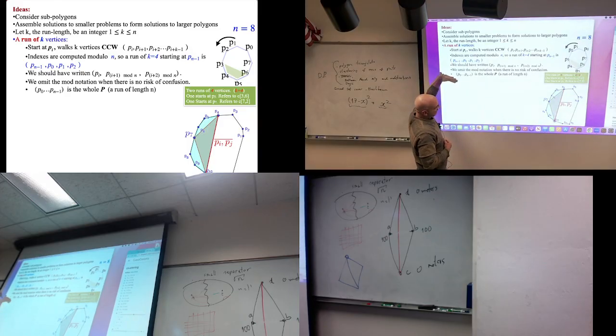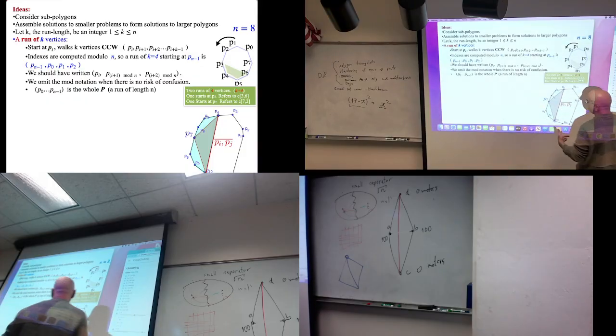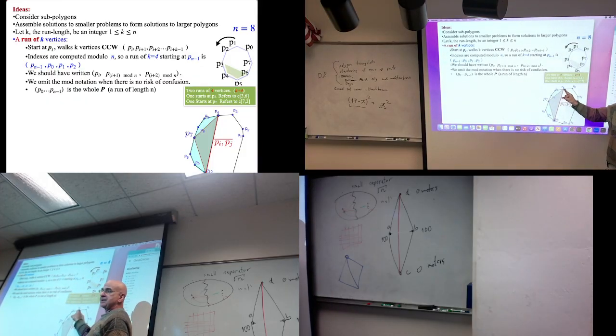I will solve sub-problems of the polygon. I'll solve sub-polygon problems. That is, to triangulate sub-polygons. So to tell you what the sub-problems are, I'll just give you 2 indices, i and j. And counterclockwise, you'll think about all the vertices that start at Pi and end at Pj.